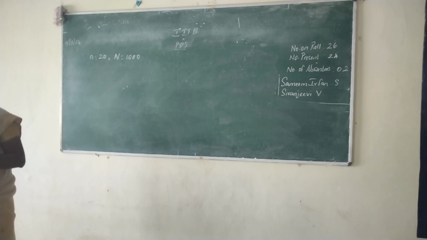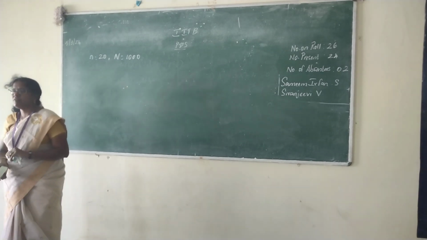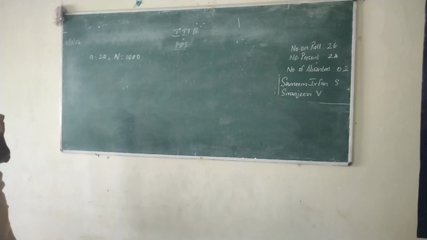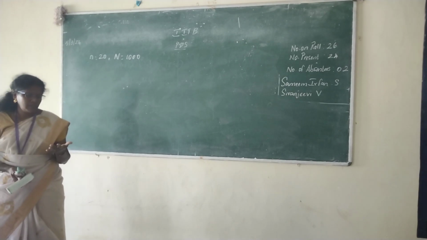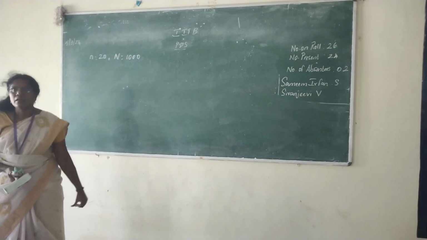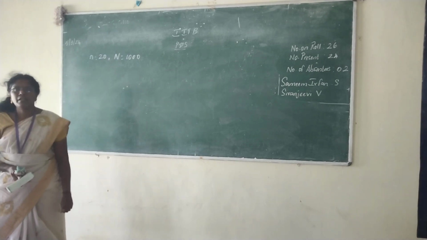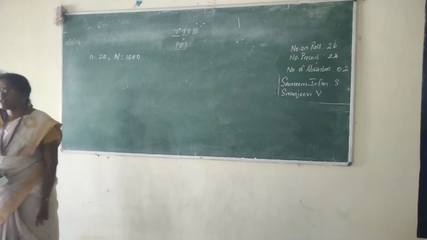Whatever you are supposed to find, to that only you introduce a random variable. So let x be the random variable denoting the number of defective items.